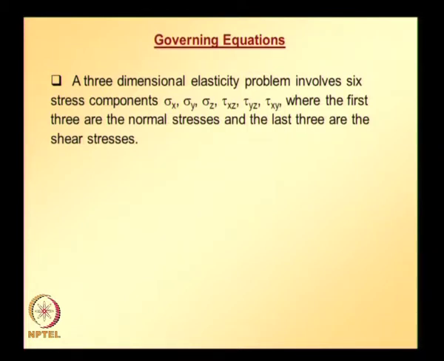And 3-dimensional elasticity problem involves 6 stress components and also 6 strain components. Out of these 6 stress components, the first 3 components are normal stress components, the last 3 are the shear stress components.